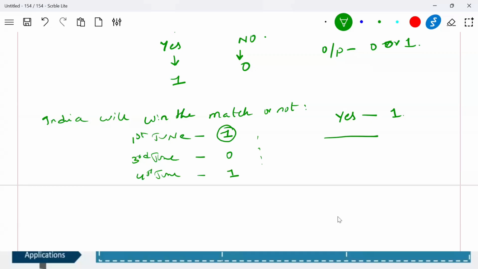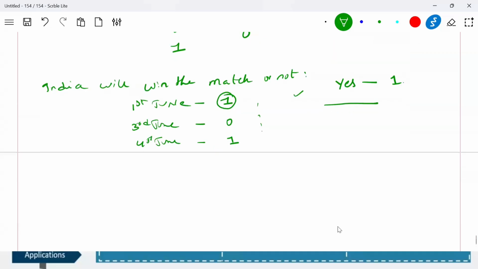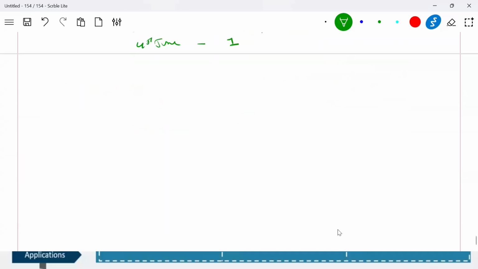Okay, fine. This is the second problem statement. If you see this first problem statement and second problem statement, we are finding an output which is in binary form, that is 0 and 1.